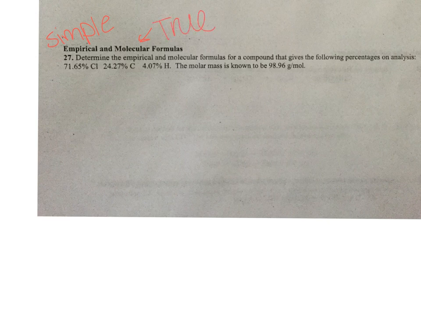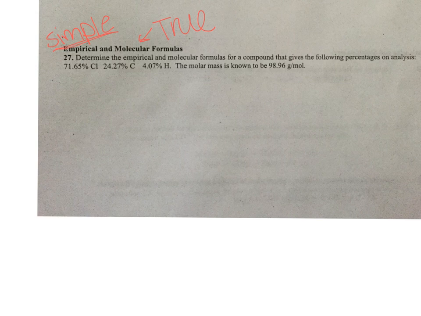So what that means is if you have subscripts that can be reduced down, because in molecular compounds sometimes that happens. We can't change those. An empirical formula would ask you to go all the way down to the lowest ratio you have. So what true would be 2 to 8, and then simple would be 1 to 4.